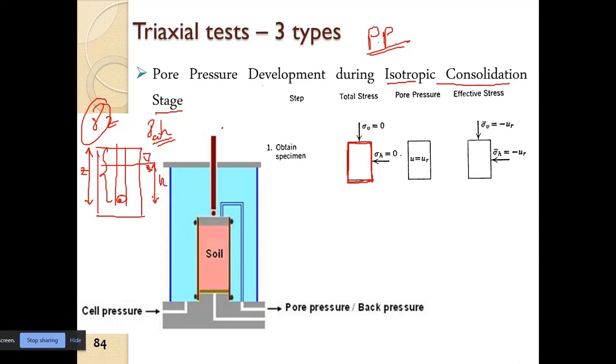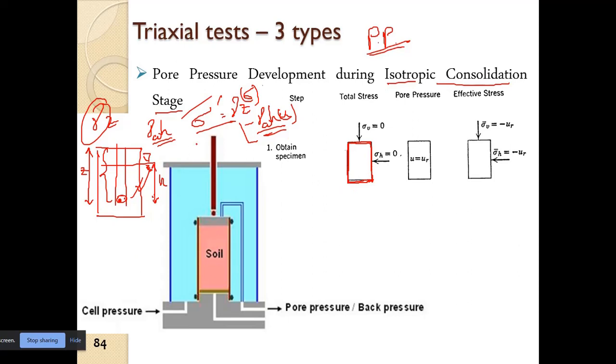Now the effective stress in the soil here is equal to gamma Z minus gamma W H. So we can say this is sigma and this is U.